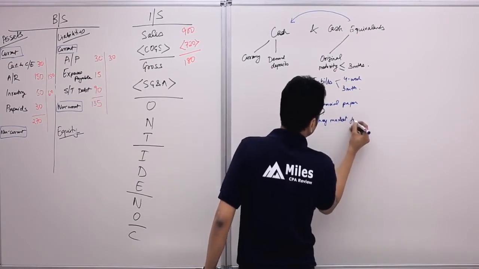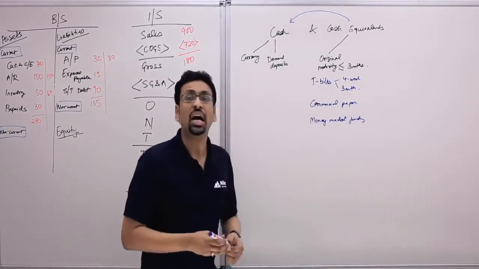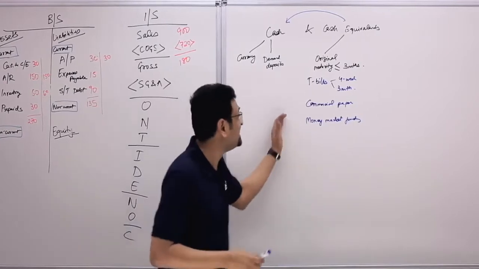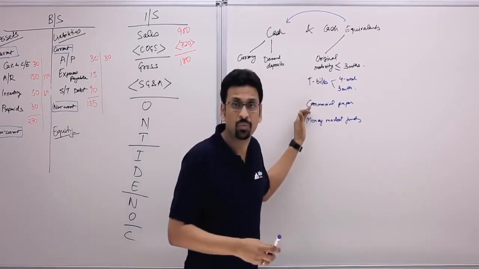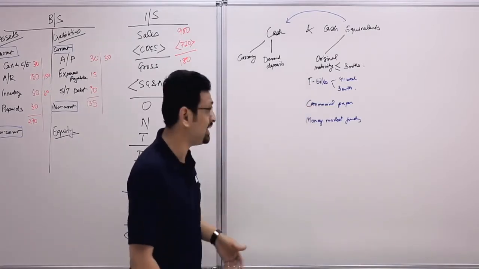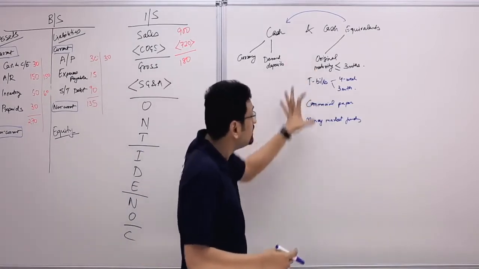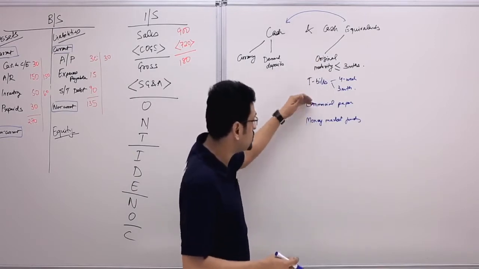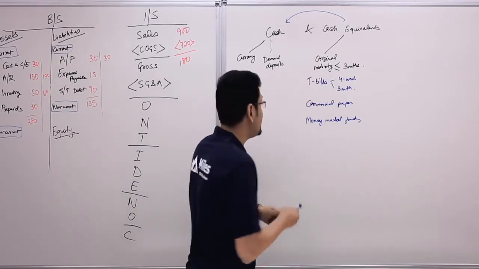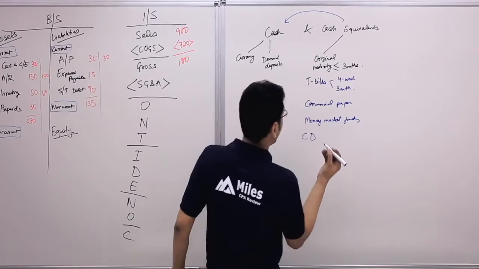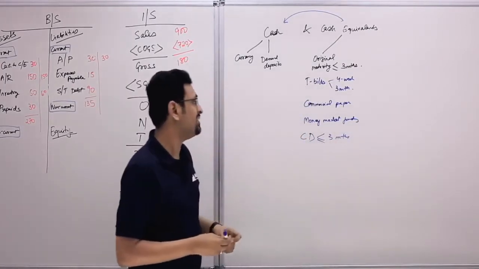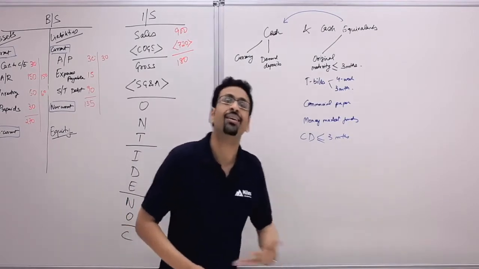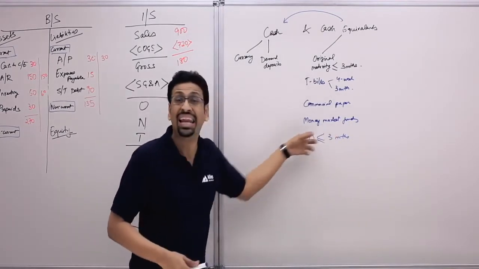There's certain criteria for these, but you could say money market funds are those funds which invest in very short-term treasury bills, highly liquid, and commercial paper. Also, certificates of deposit with a bank of less than or equal to 3 months. That's like a deposit that you make with the bank, something like a fixed deposit for less than or equal to 3 months.